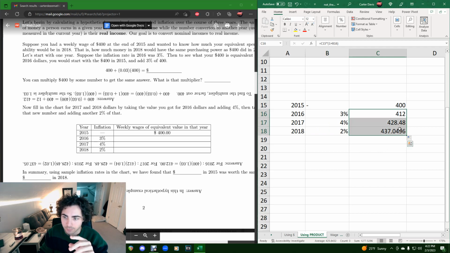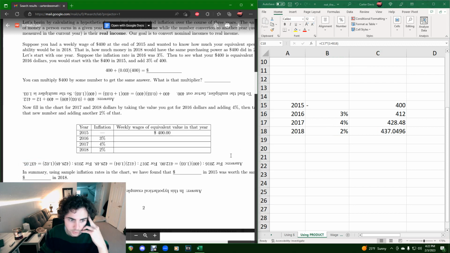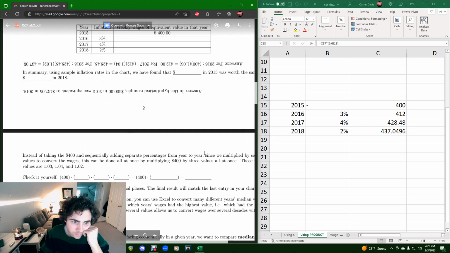Maybe a little confusing, but basically you're just multiplying by 1.03, 1.04, 1.02, all the way down. So using the inflation rates, we found that $400 in 2015 was worth about $437 in 2018.